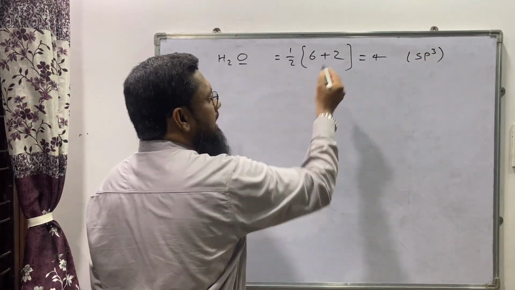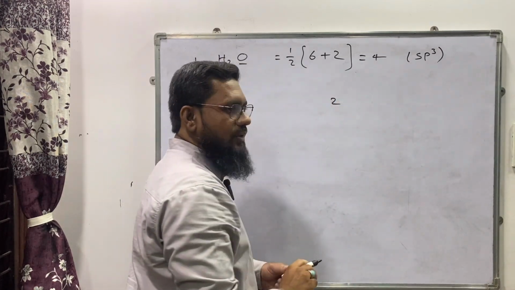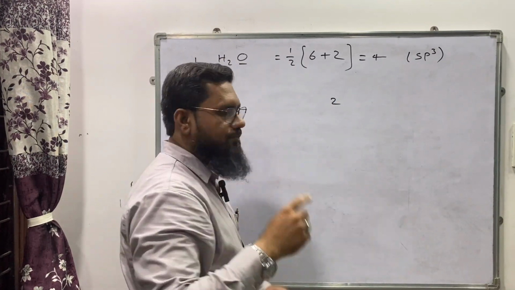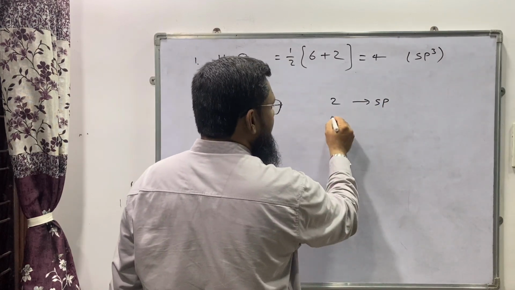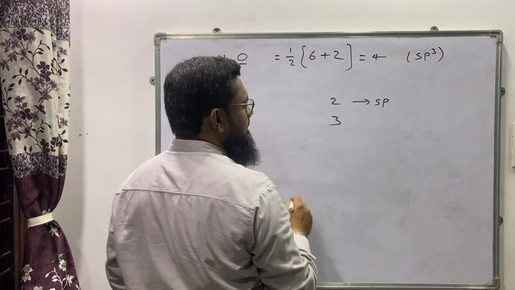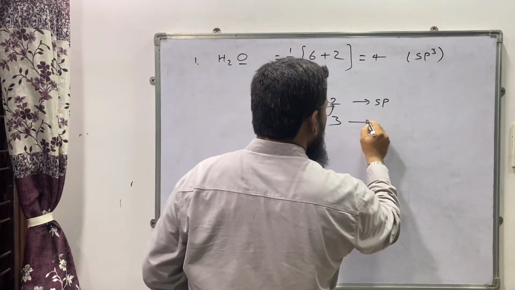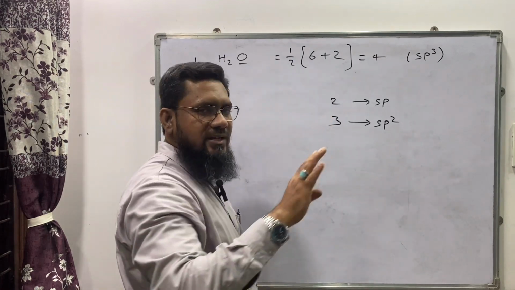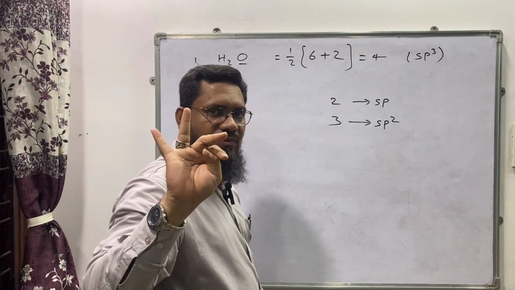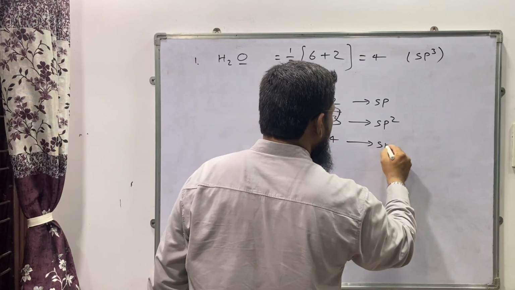If we get the value 2, the hybridization will be sp. If you get the answer 3, then 3 means s, p1, p2, so it will be sp2. If you get 4, as we got just now, it is s, p1, p2, p3, so 4 means sp3.